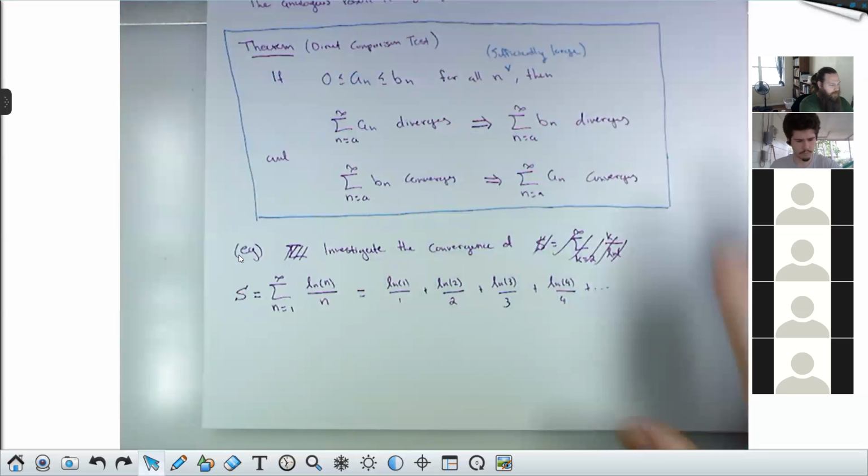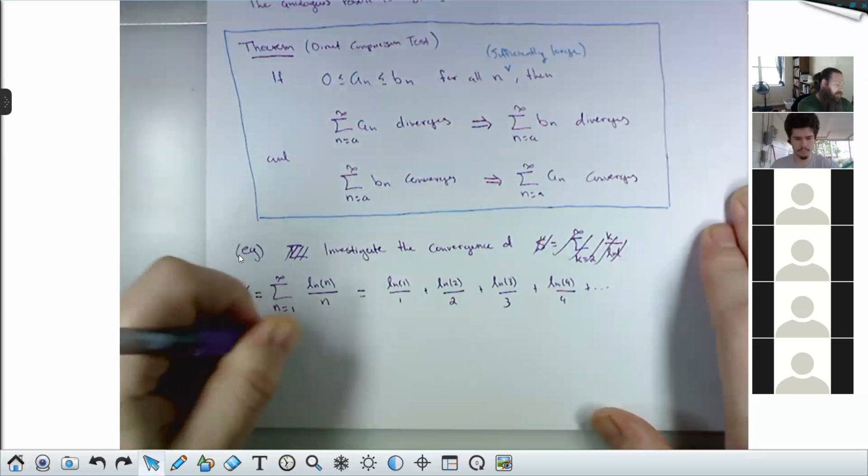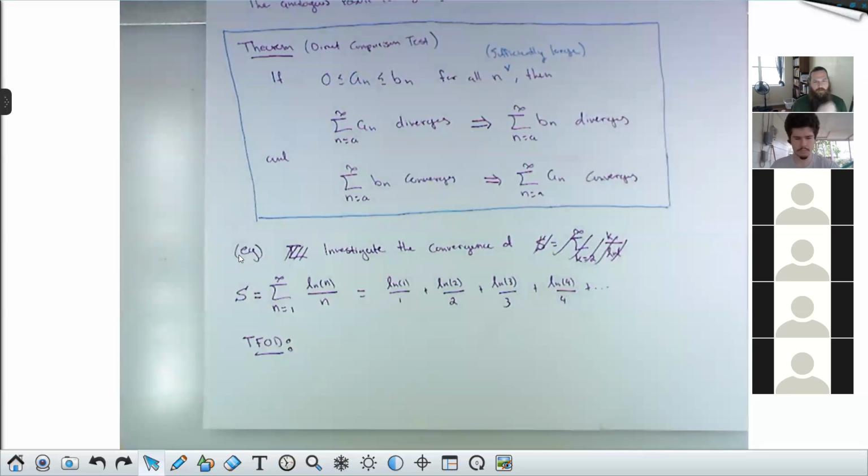Yeah, Matthew, you're correct. So let's look at the test for obvious divergence just real quick. Remind me what that says. What does TFOD say? I forget. Anybody?